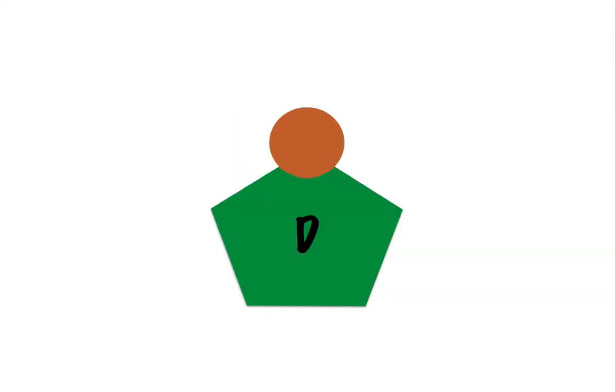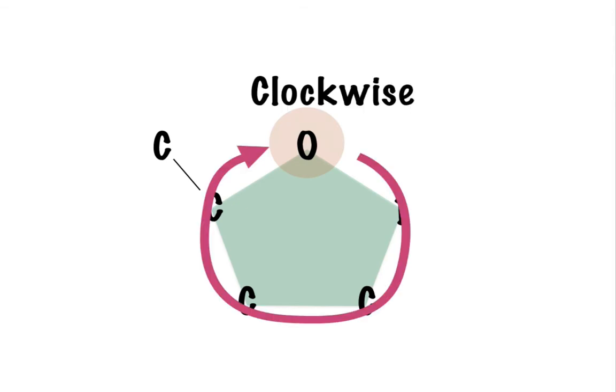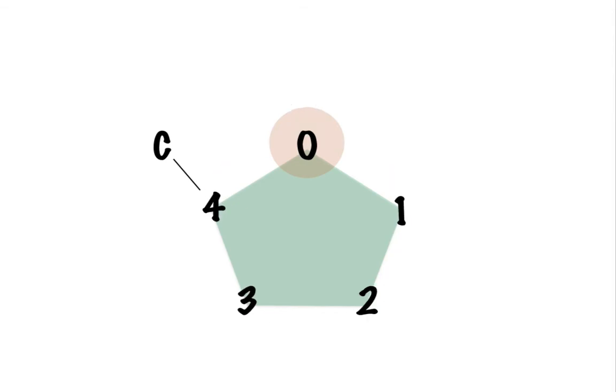As we look at the sugar molecule, remember that orange dot represents the position of the oxygen. I identify first my oxygen, and then I count my carbons going clockwise. My first carbon position is right there. Each corner in that pentagon represents a carbon position. So I go clockwise, carbon 2, 3, 4, and then my fifth carbon is outside of my pentagon.